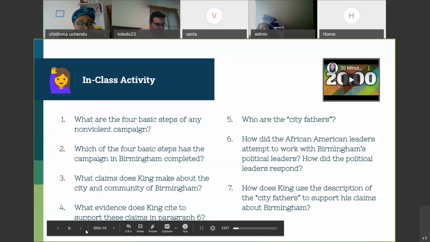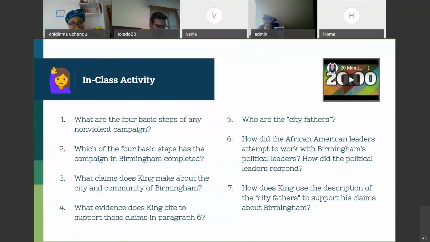All right, so the other question says, what evidence does King cite to support these claims in paragraph 6? So Delania mentioned that, first of all, Birmingham was the most segregated city.